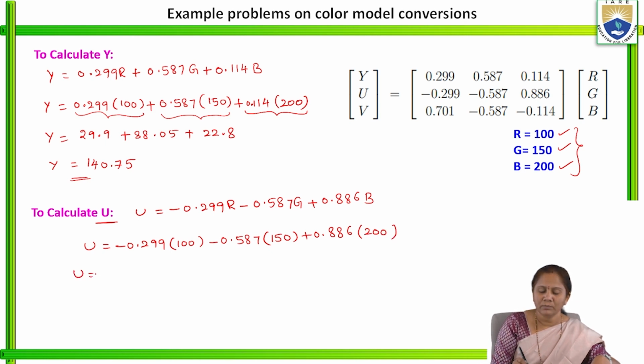Now if we multiply these terms, we get U is equal to minus 14.713.